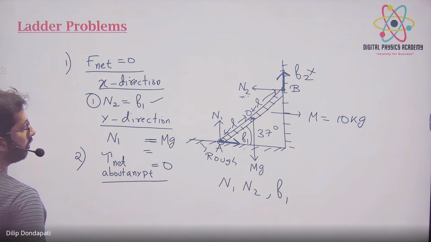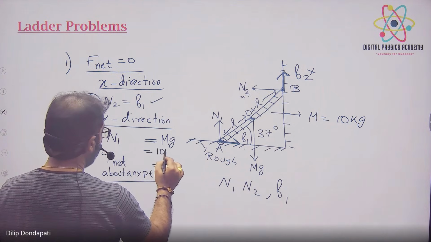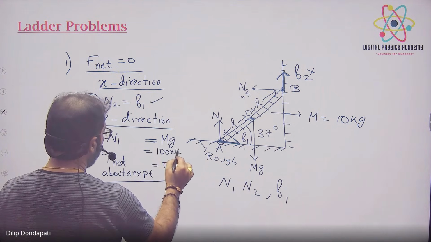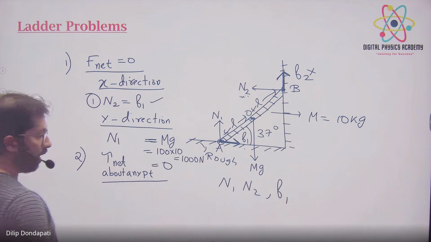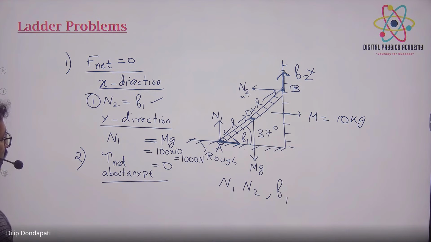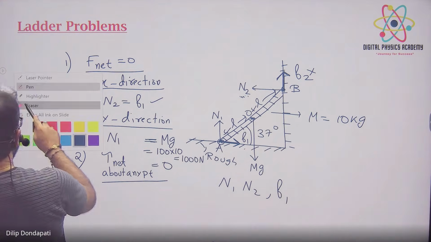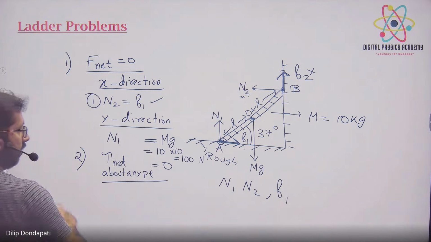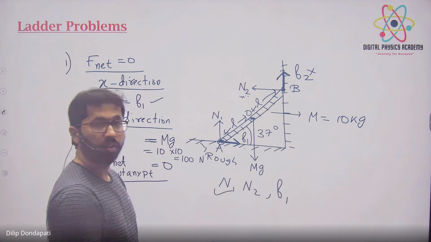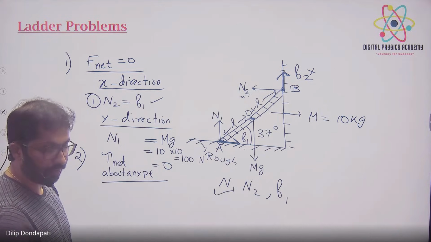So mass is given as 10 kg into G. So it is 100 newtons, is N1. 10G, right? So it is 100 newtons is the answer for N1. Now N2 find करो and F1 find करो.